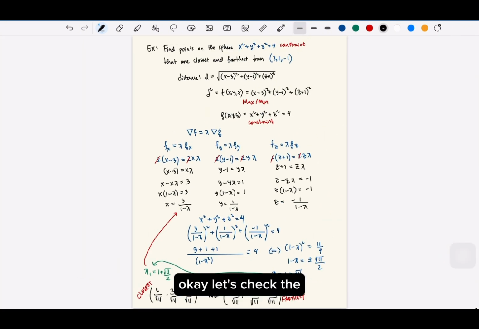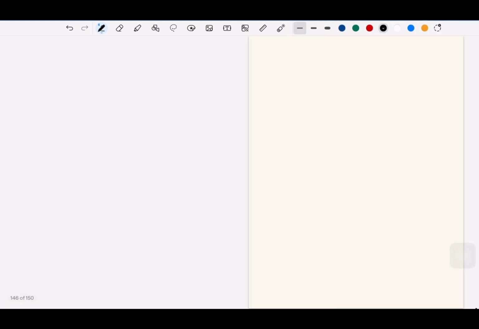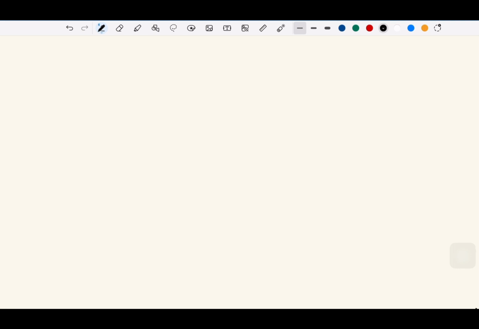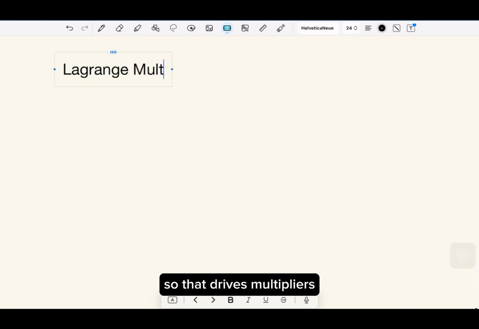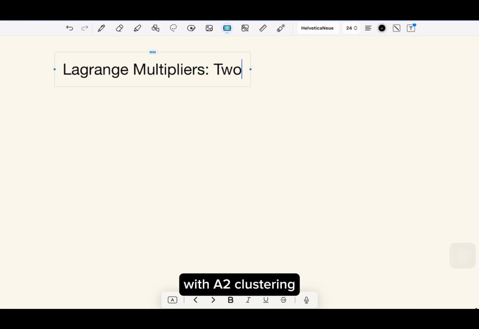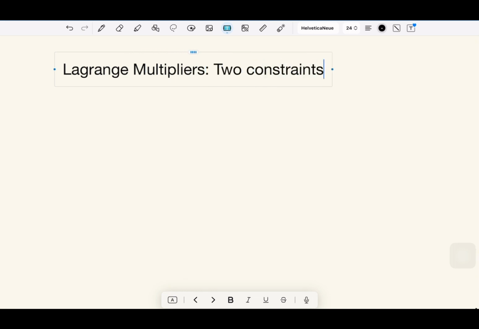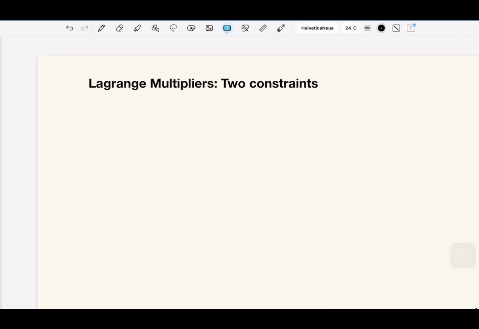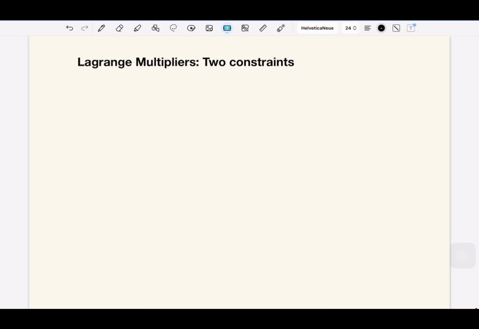Okay, let's check another example. Okay, so Lagrange multipliers with two constraints.